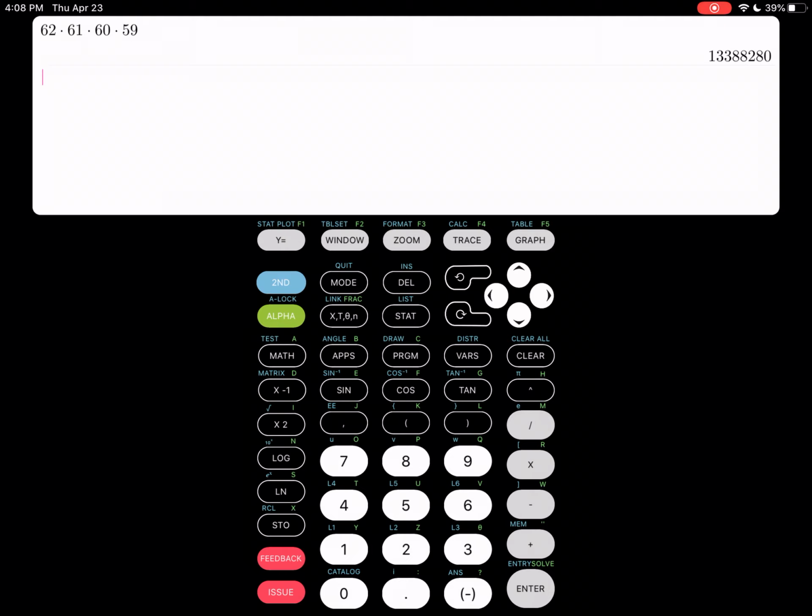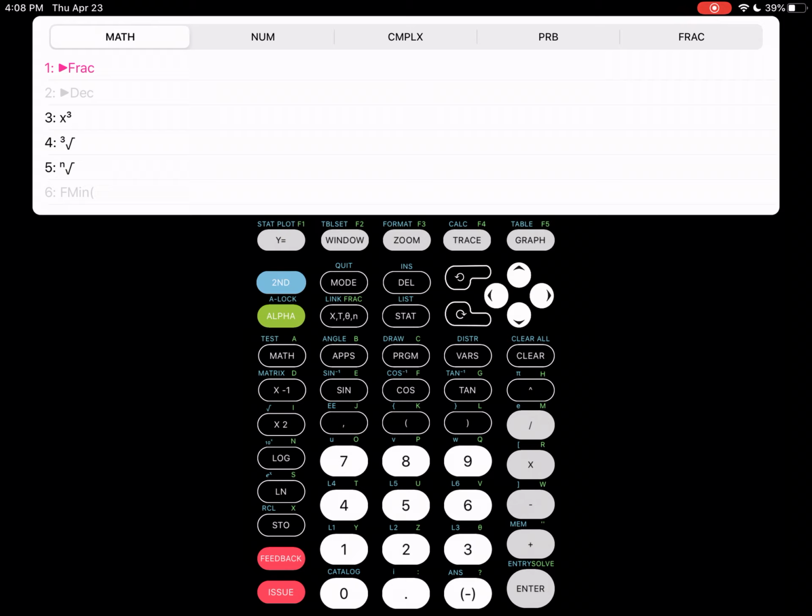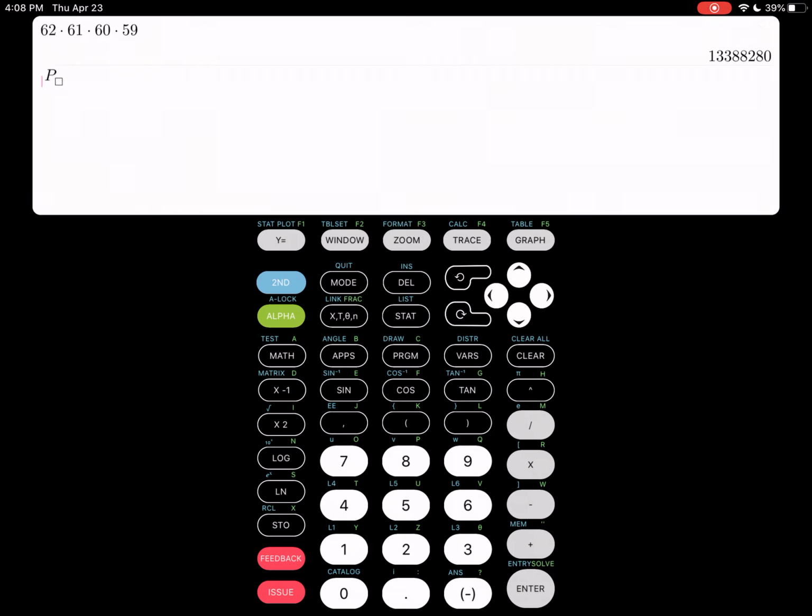You could pull up your TI, hit the math feature, so I hit math. Then at the top here, I'm going to choose PRB. And then notice that the second option is nPr. The formatting is just a little different than what we're used to, but for nPr, we put the n value in, and then it calculates the P, which is the permutation, taken at r. So I'm going to hit enter. Let's see if we get the same answer here.